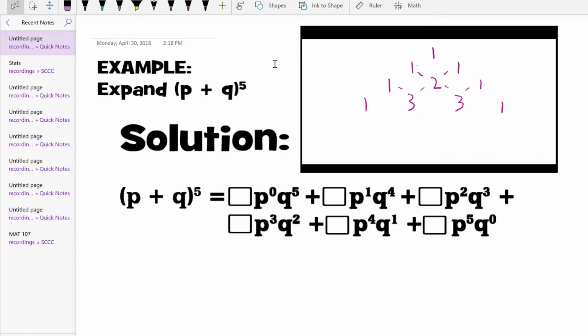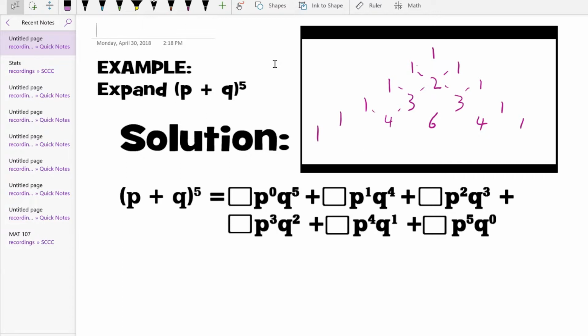And let's put the 1s on the edges, and now notice 1 plus 3 is 4, 3 plus 3 is 6, 3 plus 1 is 4, and let's make another row.